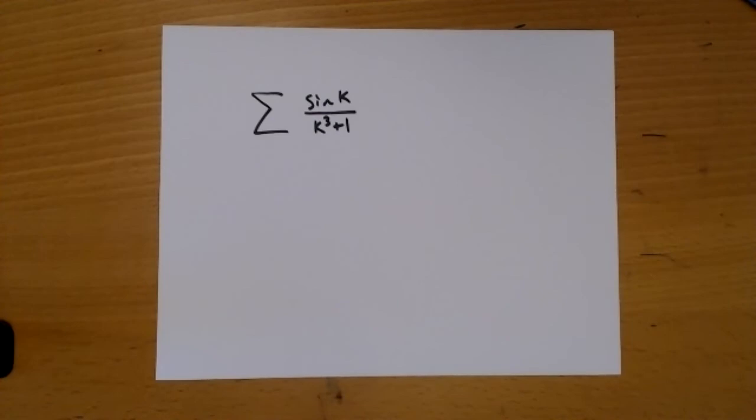What happens to that numerator? It oscillates between 1 and -1. Yeah, the sine function and the cosine function oscillate. They go up and down between 1 and -1. So what does this sort of kind of look like? 1 over k to the 3rd.